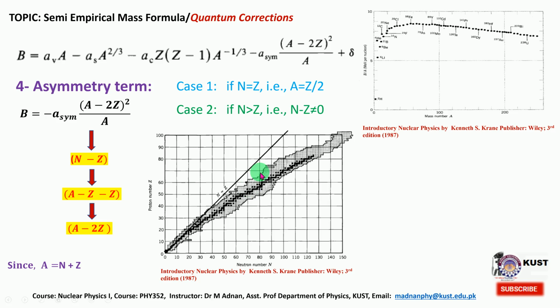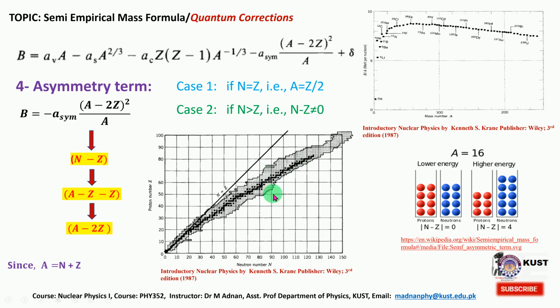So now, after looking at this, usually known as the NZ plot, we are in a position to say that in order to get stability, the nucleus undergoes that conversion.